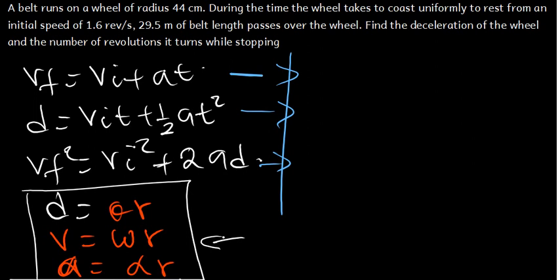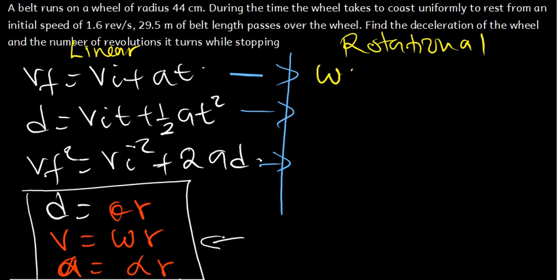So where there is v, I'm going to replace it in rotational motion: omega final is equal to omega initial plus alpha times t.